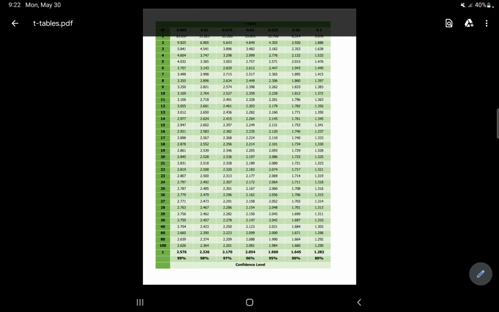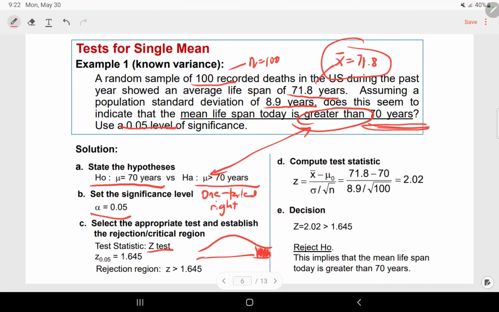Doon pala tayo sa taas titingin. Ayan. So 1.645 ang ating gagamitin. 0.05, 1.645. Yan, kaya 1.645 yan. Positive kasi right-tailed.